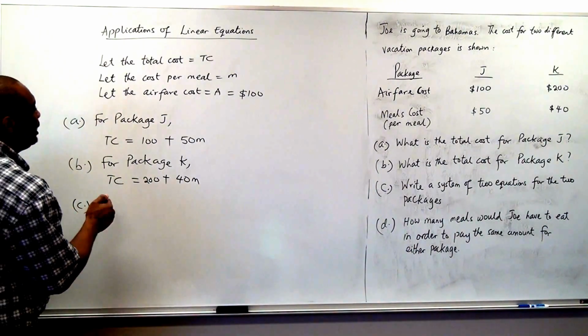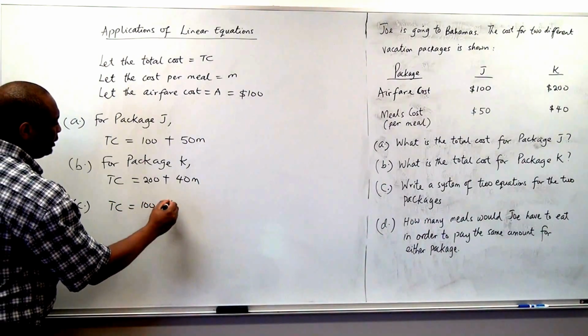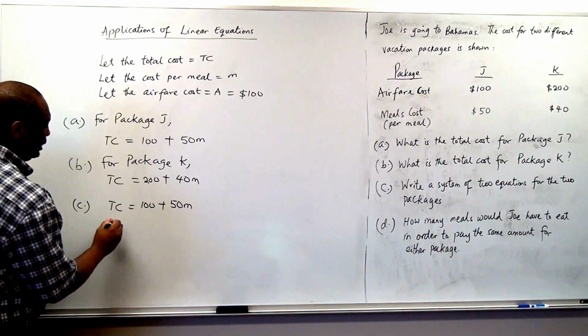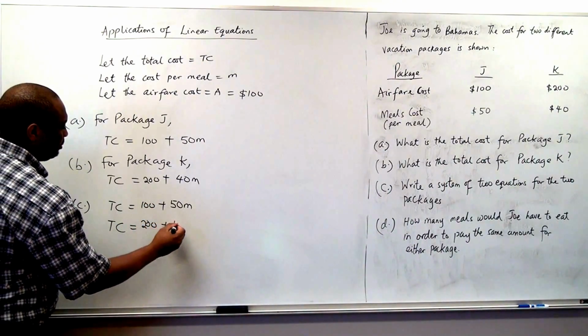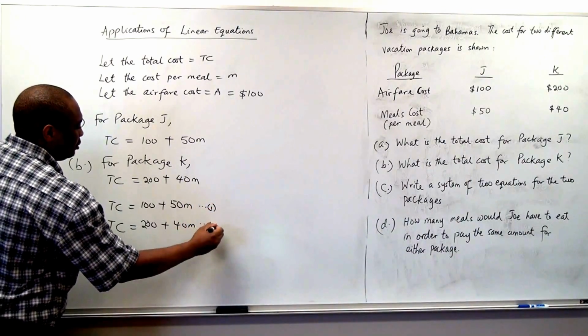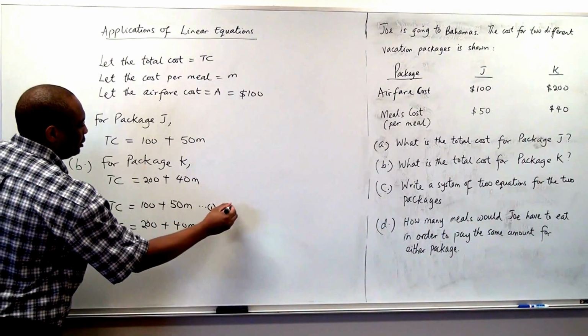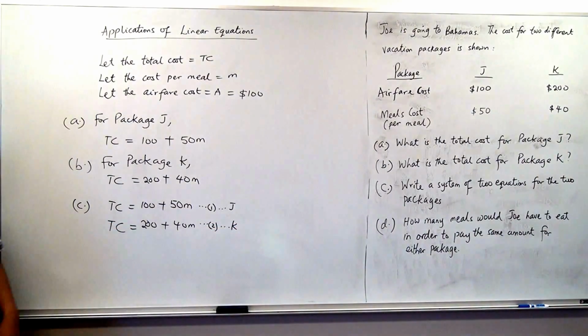So for C, we just write the system of linear equations for them. TC is 100 plus 50m, and TC is 200 plus 40m. We can call this equation 1 and equation 2, or equation J package, and this is K package. Whichever way you choose to do that, that's fine.